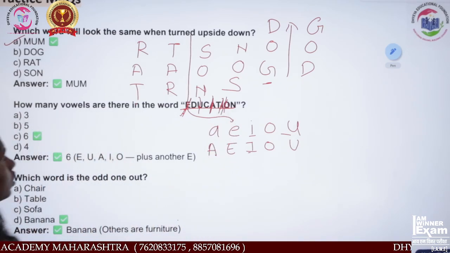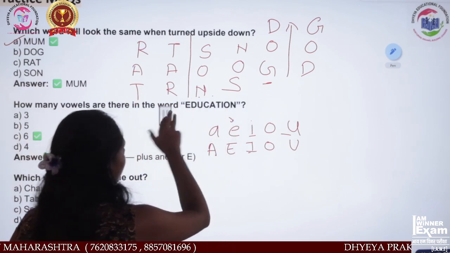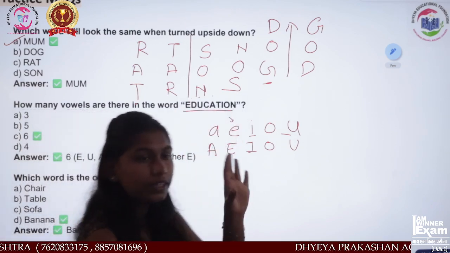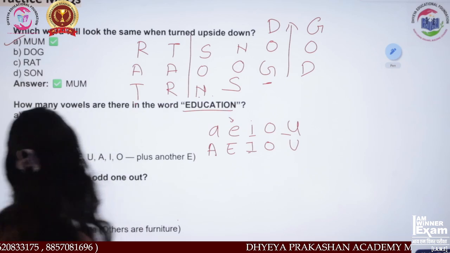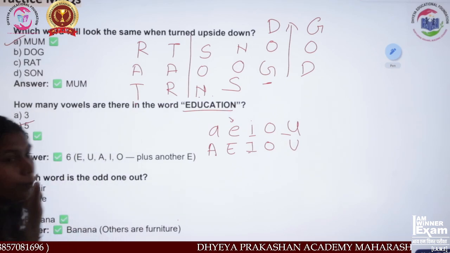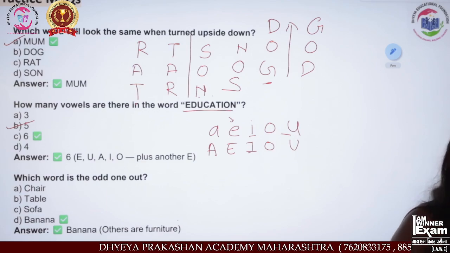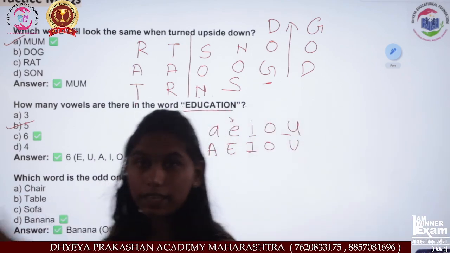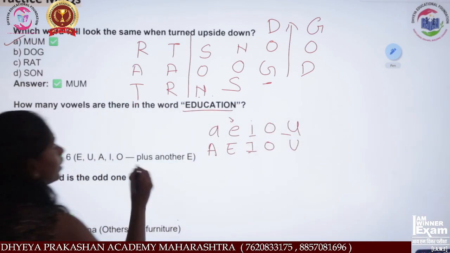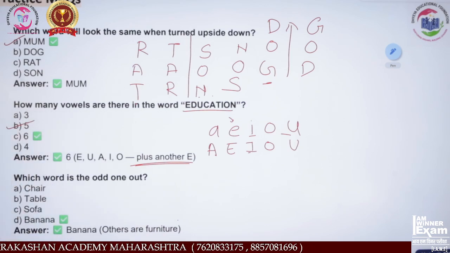Okay. So there are a total of 5 vowels in the word education. So the correct option will be option number B, that is 5. Now why 6 is picked here is they are just adding one more E.